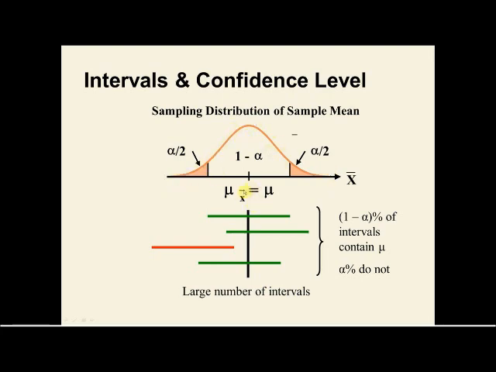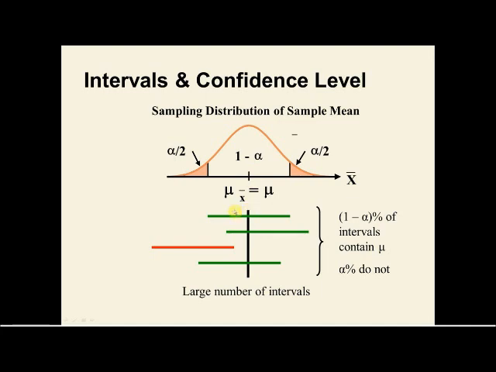Right in the middle, we're assuming that if we take an infinite number of these samples, the average of all those will be the actual population mean. So if we could take an infinite number of random samples and look at the average of all those, it would be the population characteristic that we're interested in, which is the population mean. And that's going to be right here in the middle.